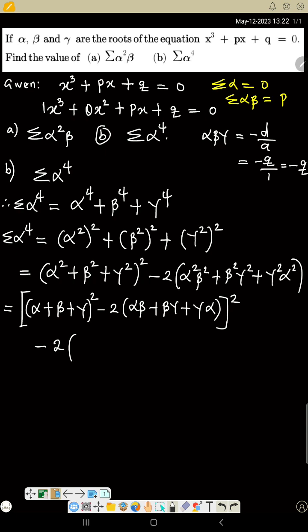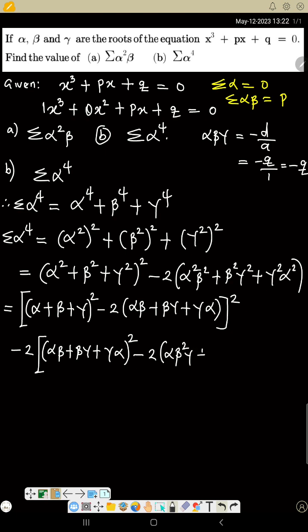2 brackets. So to express this also in the same format, let me use compound bracket. Minus 2 brackets alpha beta plus beta gamma plus gamma alpha, everything is power 2, minus 2 alpha beta square gamma.